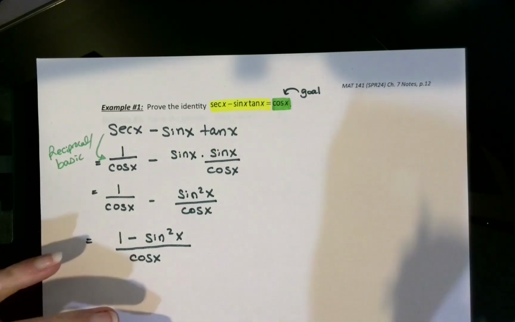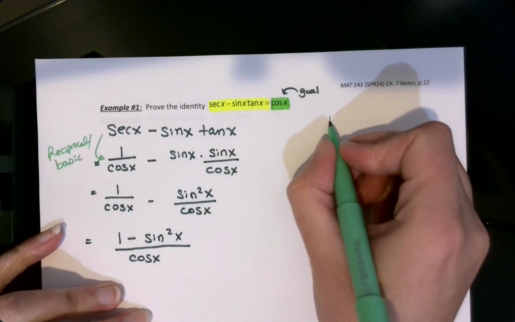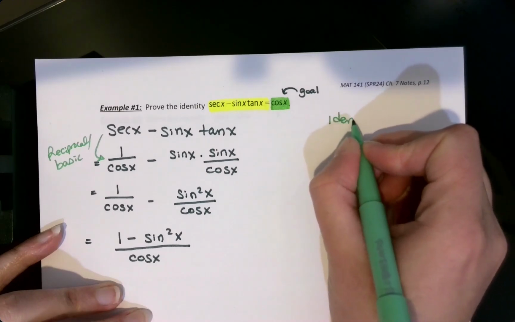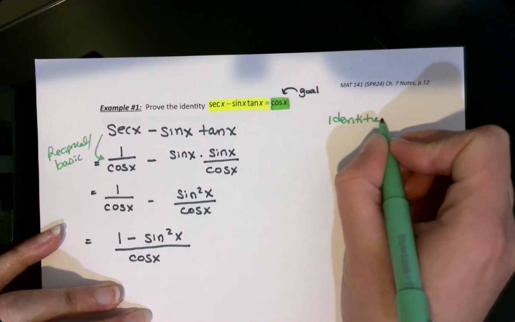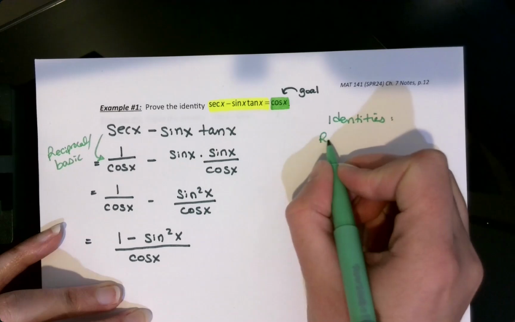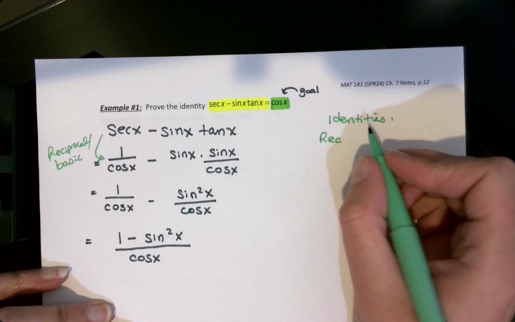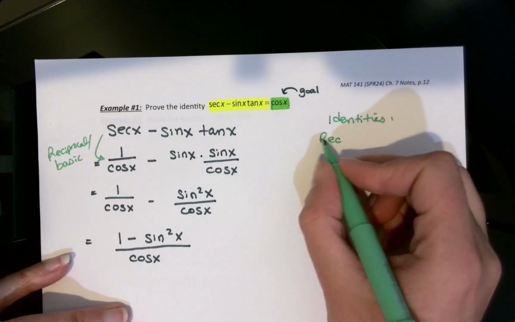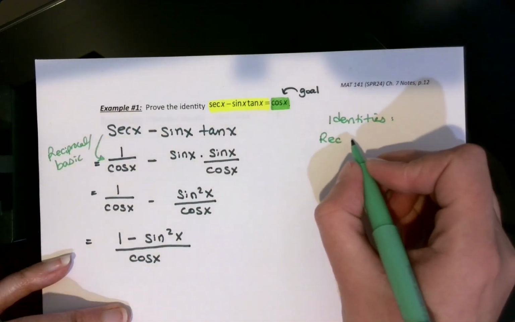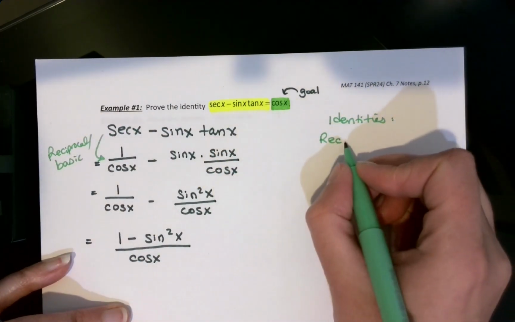So if you need to keep track of the identities that you've used, you can. For the reciprocal, since they're so standard or basic, I don't need to write them down every time since I know these ones and I've said what I'm doing over here, but I'm going to write them just for emphasis.